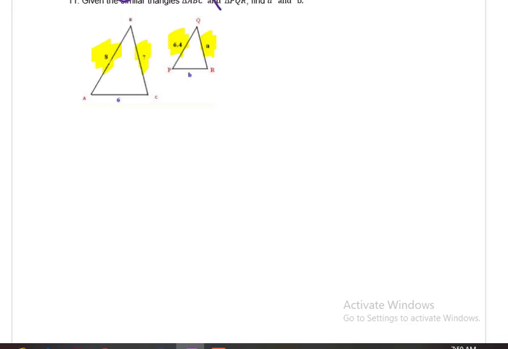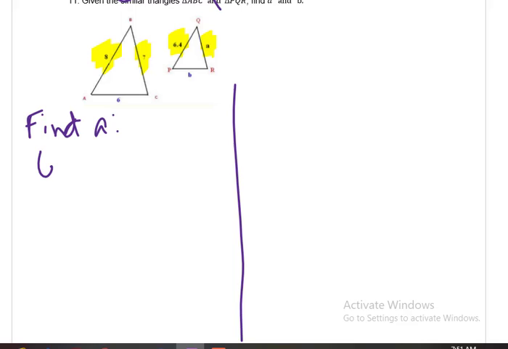So in writing the proportion here, I'm first going to find a. I would write 6.4 is to 8 as a is to 7. Let me write that a little bit nicer. Here's my a.